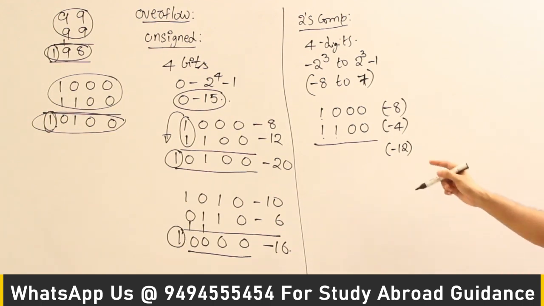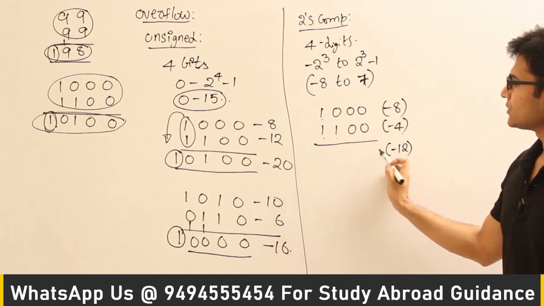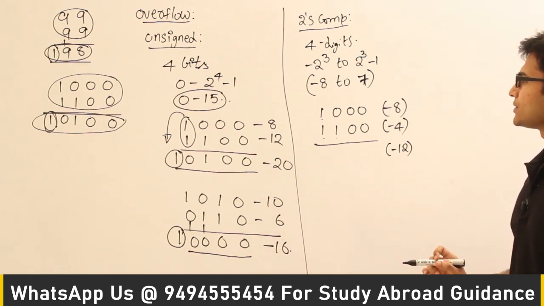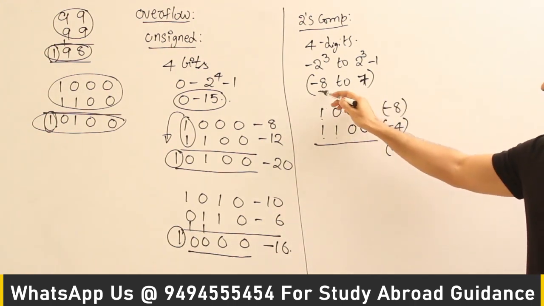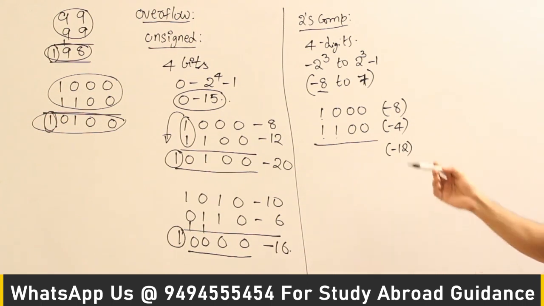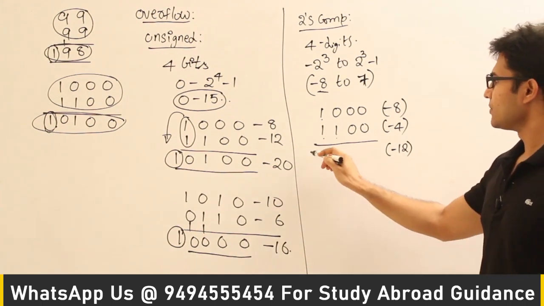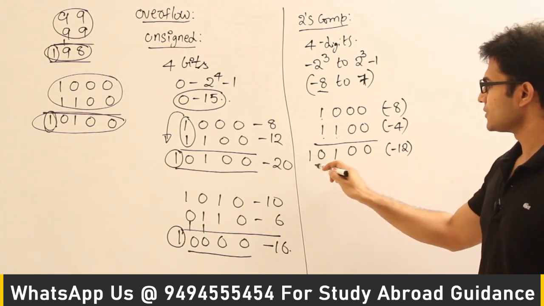But then can we hold minus 12 in this 4 digits in 2's complement? We cannot hold it because minus 8 is the maximum number that we can hold. Therefore, the result will be 10100. This is the result.